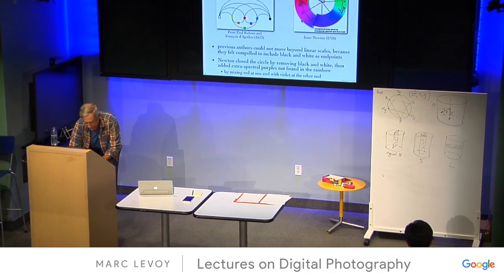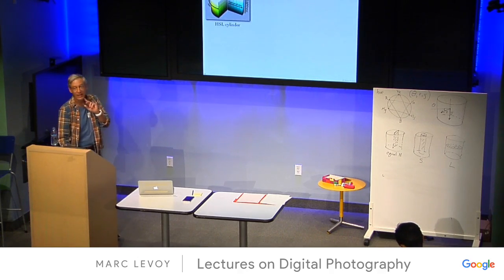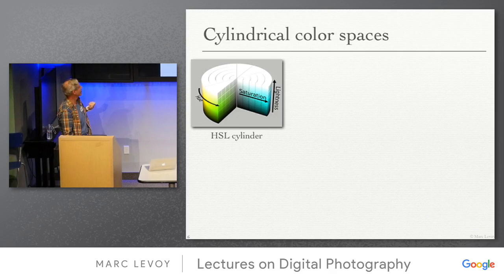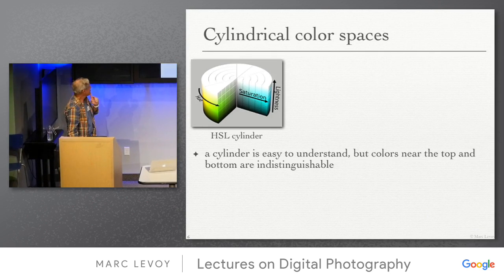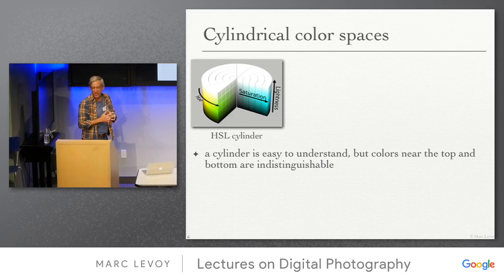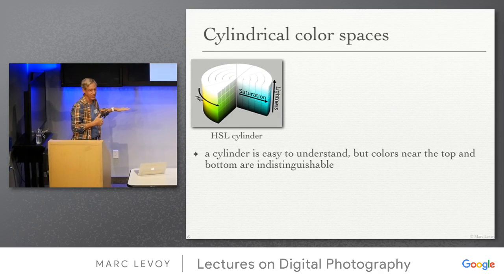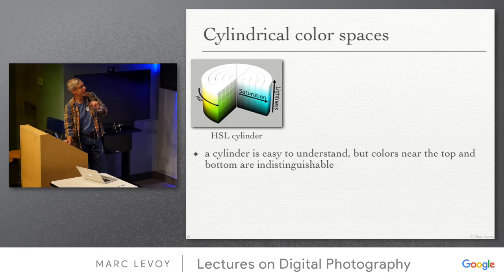So here is exactly that cylinder. Hue around the outside, saturation as a radius, and lightness as you go up. It's not a great representation, though, because it's all white at the top and it's all black at the bottom, and so you're kind of wasting real estate in this representation.